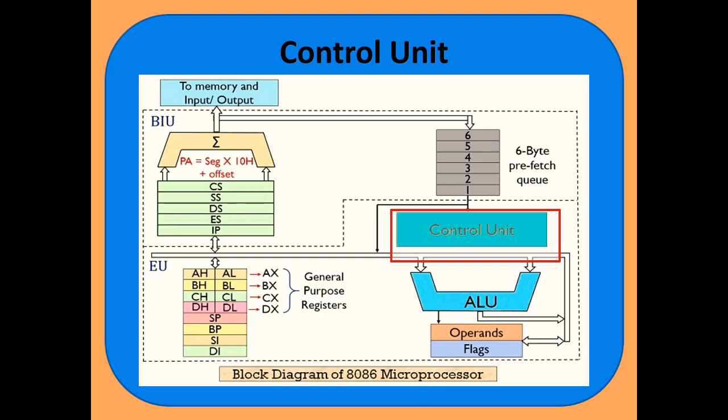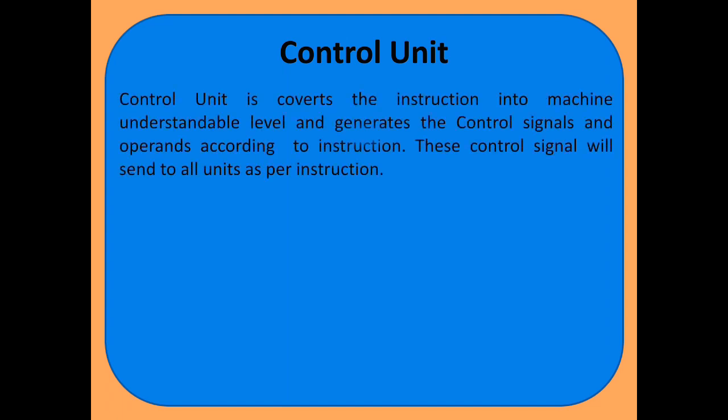Coming to the control unit. The control unit is the one which converts assembly language instructions into a machine understandable form. Why? Because microprocessors and computers do not understand any language except machine level language, that is ones and zeros only. For that reason, the program that we write for the microprocessor should be converted into ones and zeros.